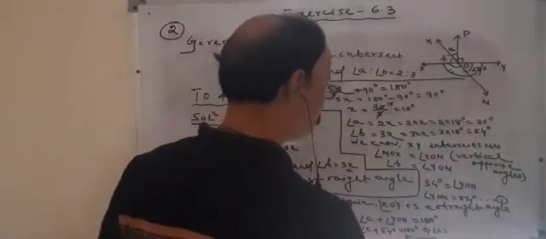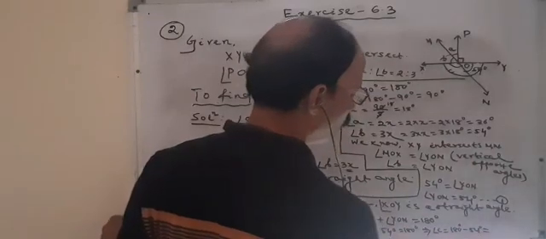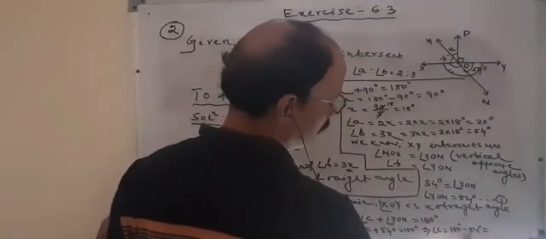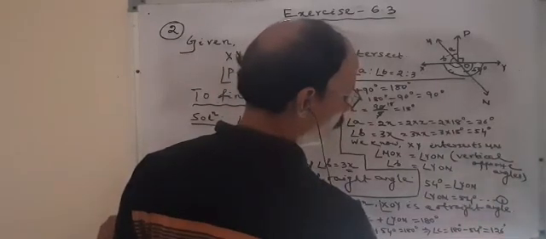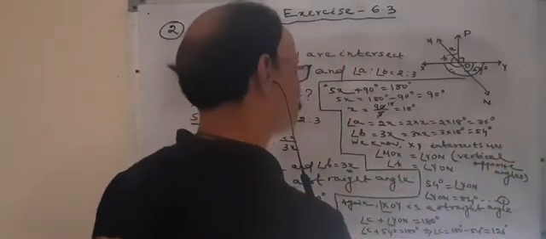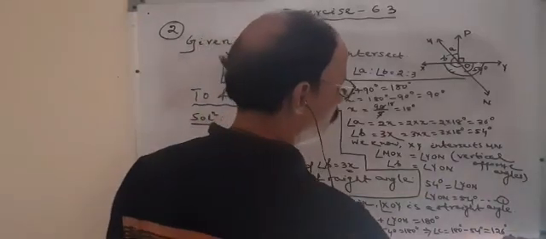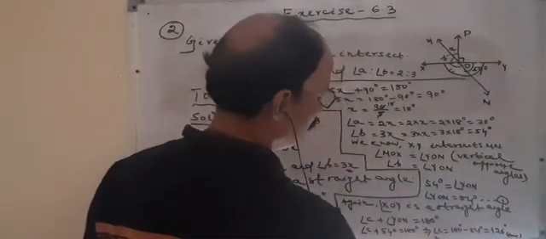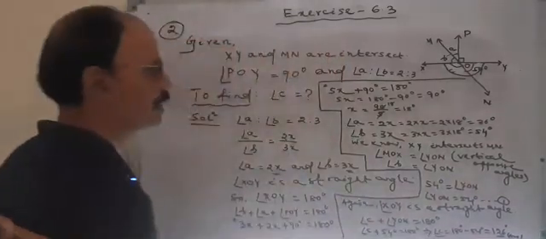So angle C will be what? Angle C will be 180 minus 54 degree. So 180 minus 54 will be 126 degree, and that will be angle C. Now, this is our answer: angle C equal to 126 degree.